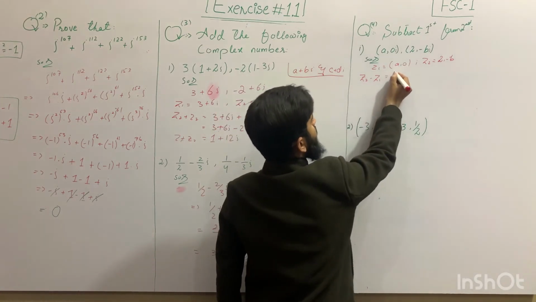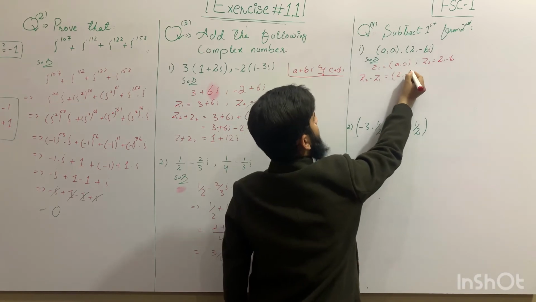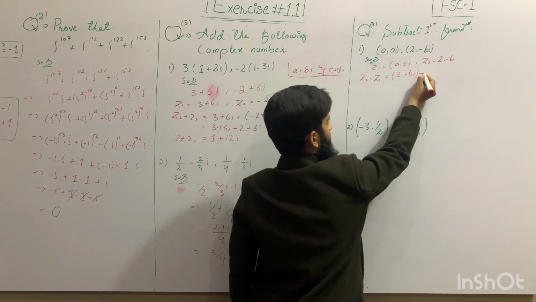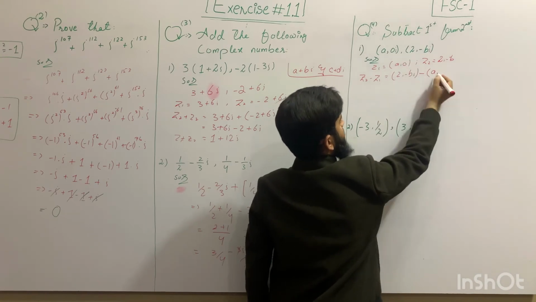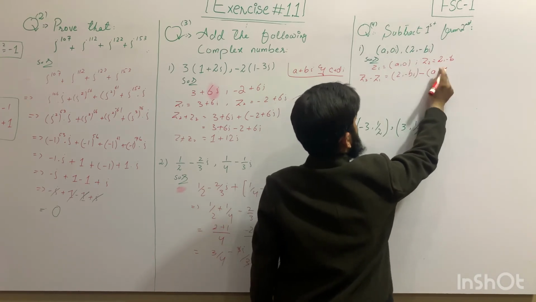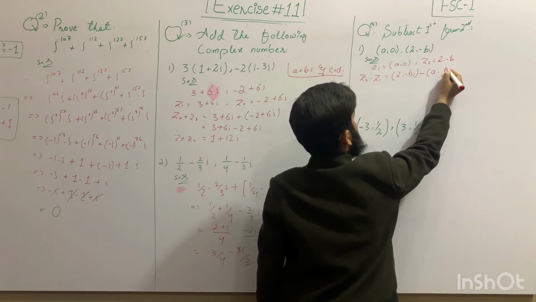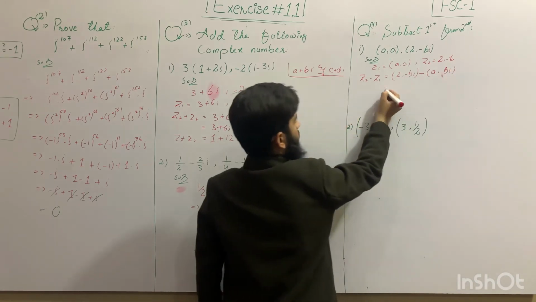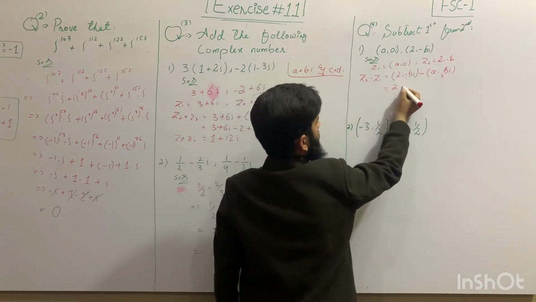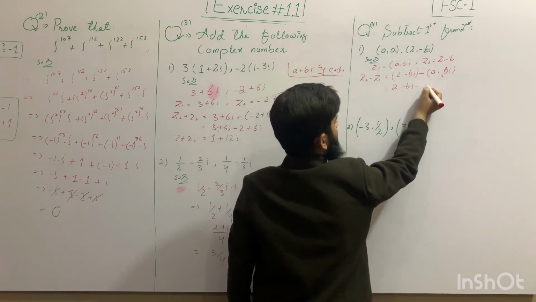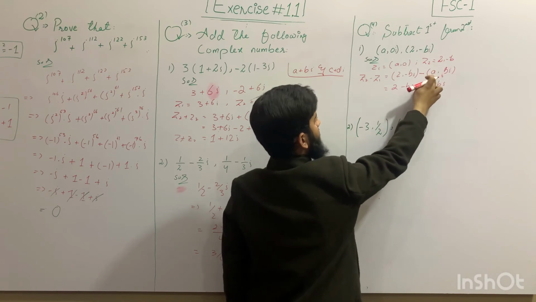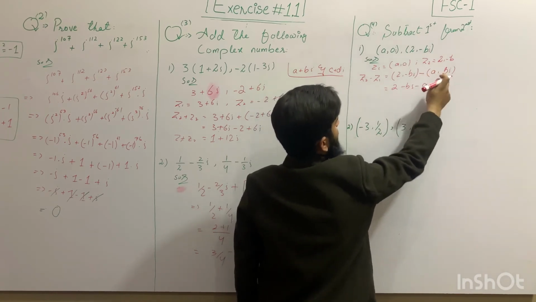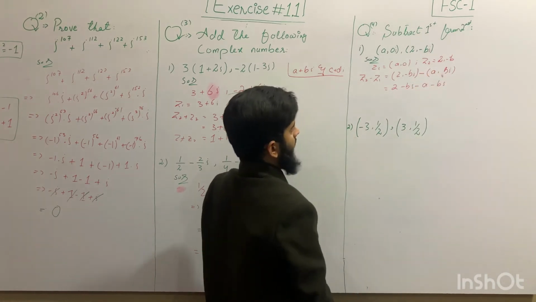So this is equal to 2 minus B iota minus A plus 0 iota. Because if you multiply minus with plus it gives me minus, again here minus with plus gives me minus.